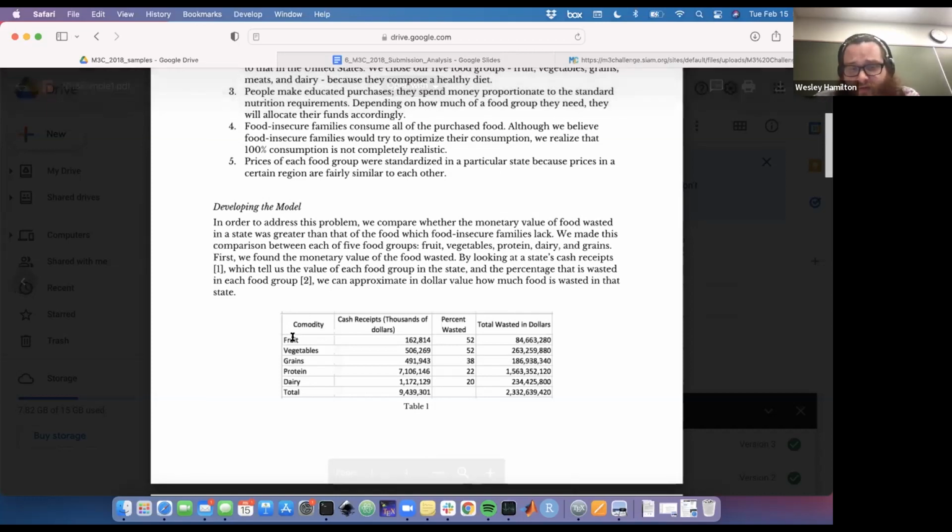So, say fruit: how much was purchased, or how much you're getting from these cash receipts in thousands of dollars, how much of that was wasted. And so then this is going to be their approximation for how much money of fruit was wasted. Okay.